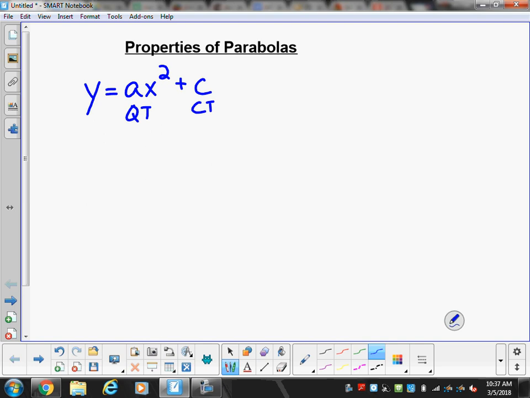And so the linear term is missing, the one in the middle. So the first way to graph, or first set up, is if there's no linear term. And these are usually the easier ones. So I'm going to look at this example as y equals negative 1/2 x squared plus 2.